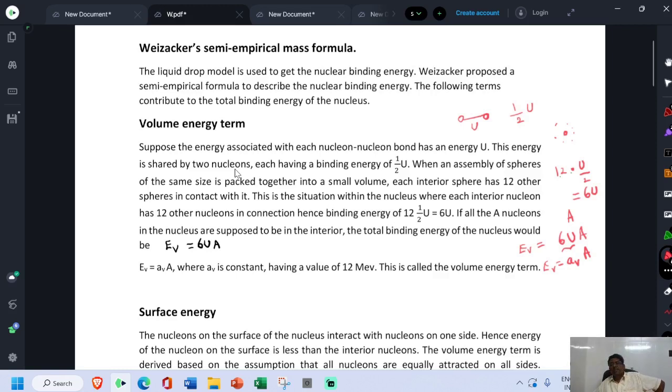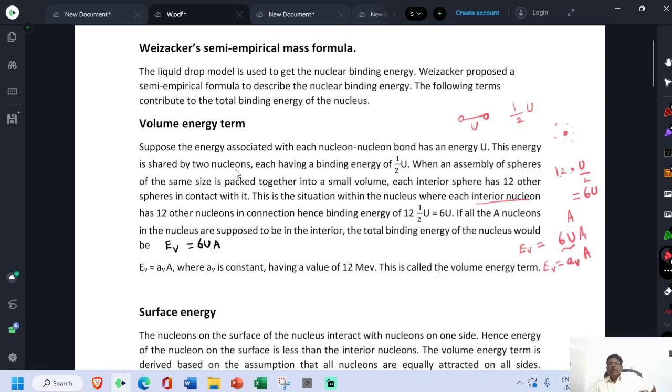This is the situation within the nucleus where each interior nucleon, this is very important, has 12 other nucleons in connection, hence binding energy of 12 into 1 by 2 into U equals 6U, which means that if a single nucleon is surrounded by 12 other nucleons, that nucleon has the binding energy of 6U.